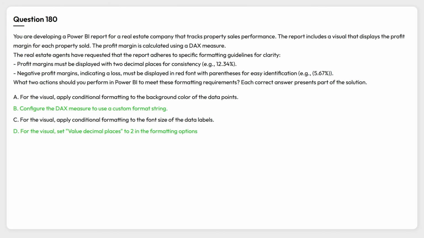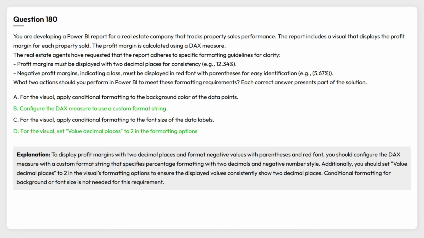The correct answers are Option B, configure the DAX measure to use a custom format string, and Option D, for the visual, set value decimal places to 2 in the formatting options. To display profit margins with 2 decimal places and format negative values with parentheses and red font, you should configure the DAX measure with a custom format string that specifies percentage formatting with 2 decimals and a negative number style.